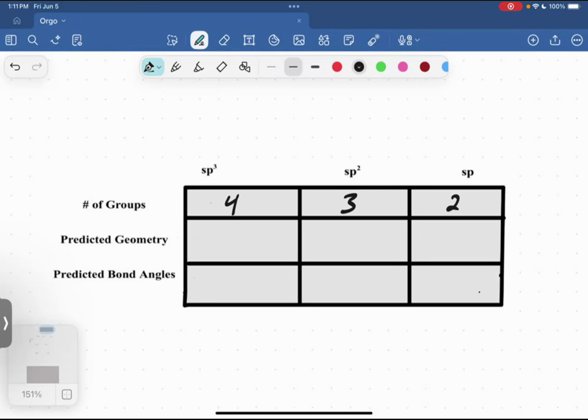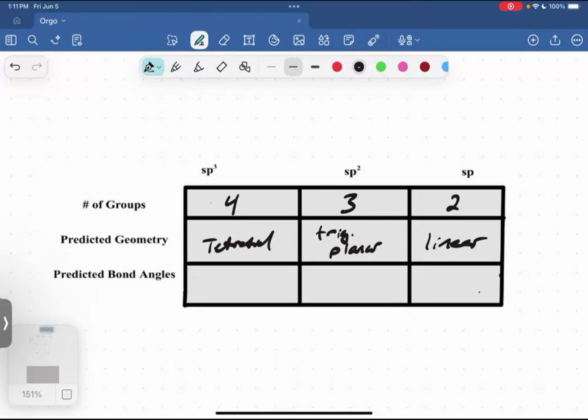And so the geometry of sp is going to be linear. sp2 is going to be trigonal planar. And sp3 is going to be tetrahedral.